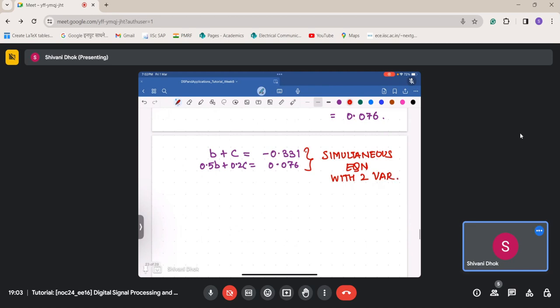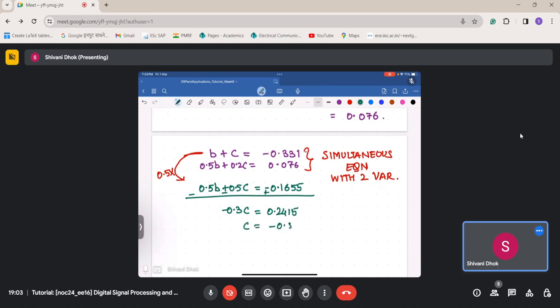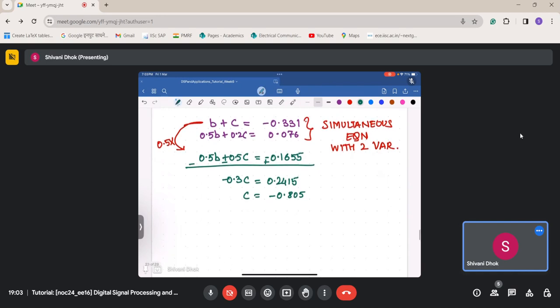In order to solve this, I'll multiply the first by 0.5. So I'll have 0.5B plus 0.5C, which is equal to minus 0.1655, and I'll subtract these two. So I'll have minus 0.3C, which comes out to be 0.2415. Therefore my C is equal to minus 0.805.